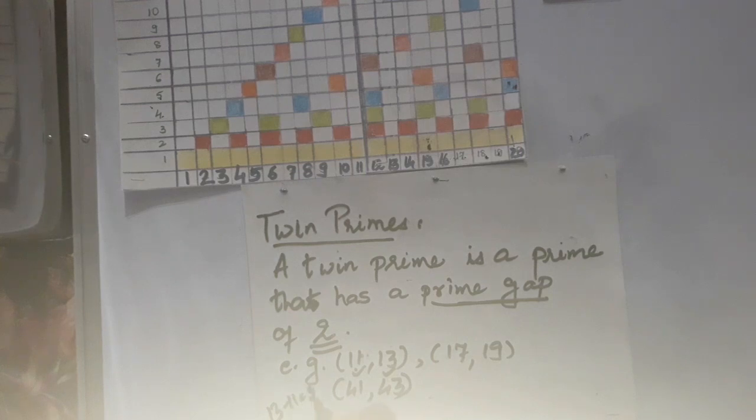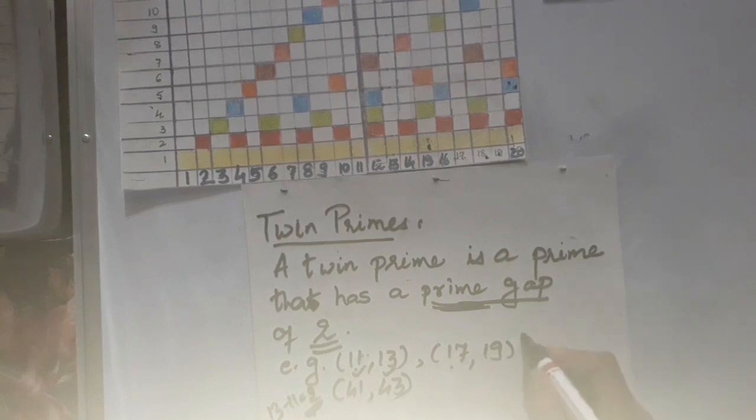So if the difference is 2, then it is said to be a twin prime number. Once again, a twin prime number is a prime that has a prime gap of 2. Say 17 and 19, they are also prime numbers, and the difference between these two numbers is also 2. So they are also twin primes.